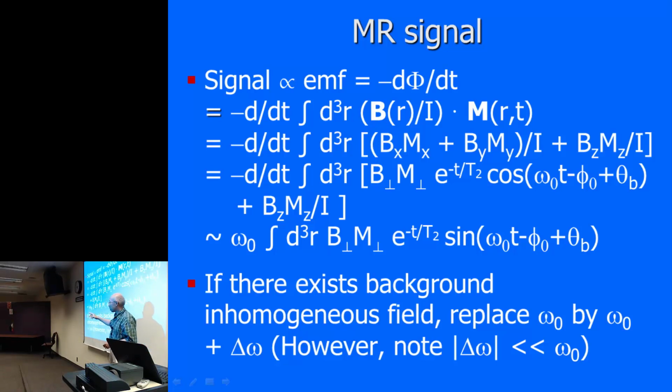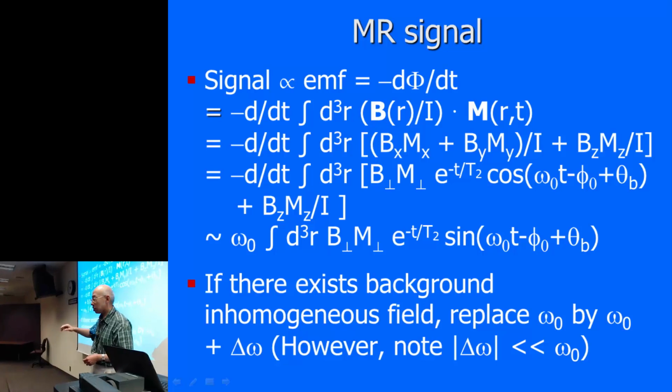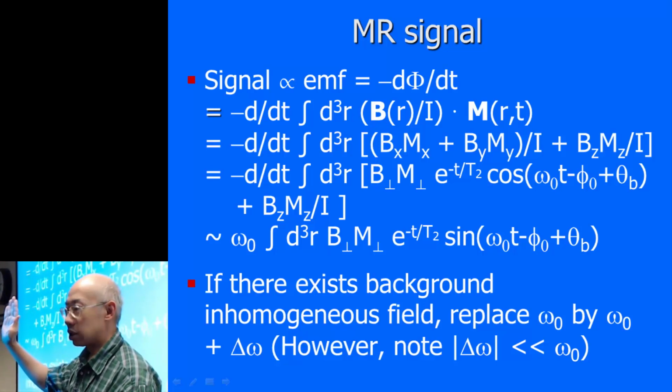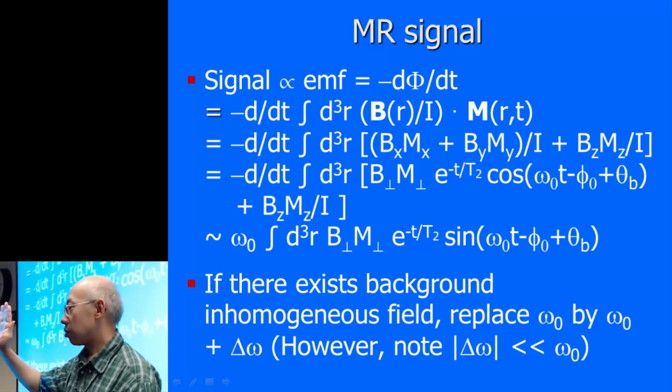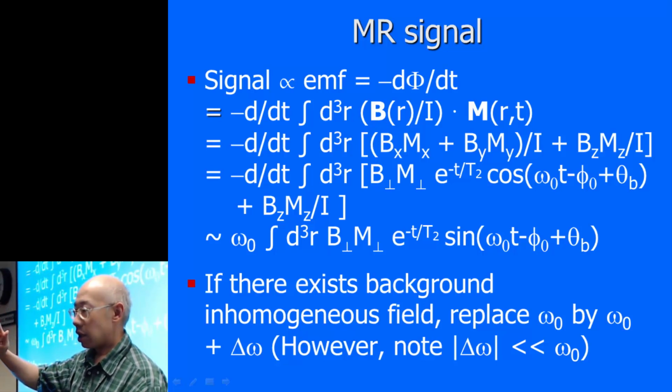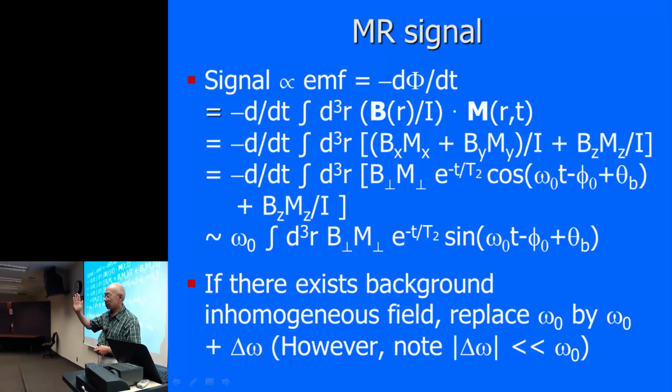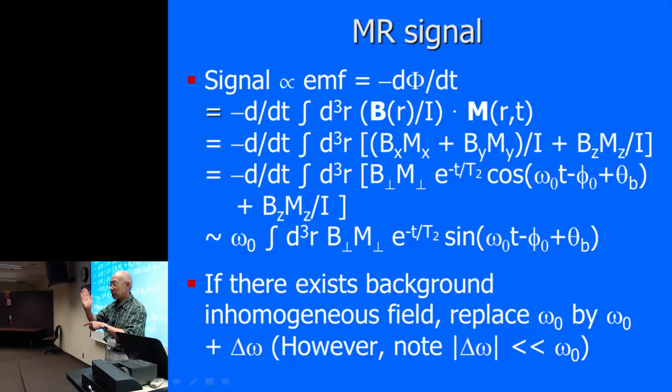Again, I said this maybe 10 minutes ago: if you have these spins originally pointing toward the Z direction, and then you rotate these spins not completely onto the transverse plane. If we really flip all these spins onto the transverse plane, this flip angle is 90 degrees, because from here to here, it's 90 degrees.